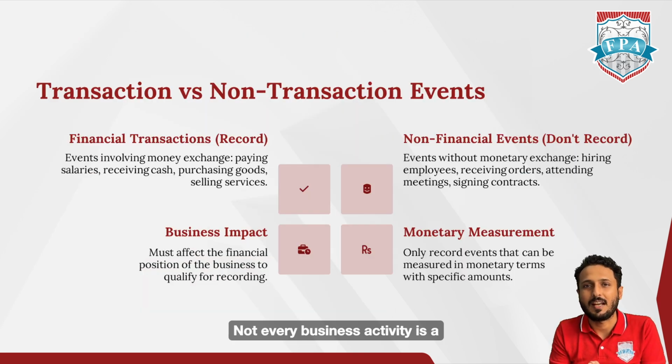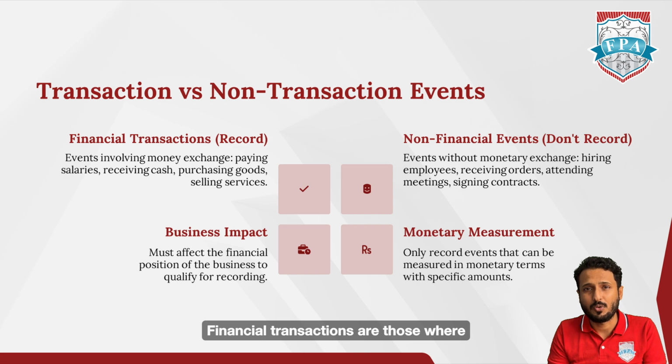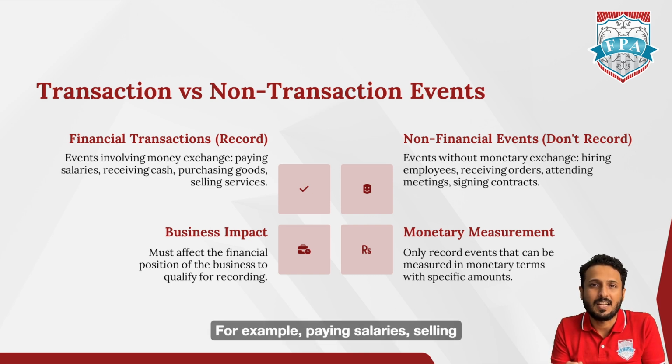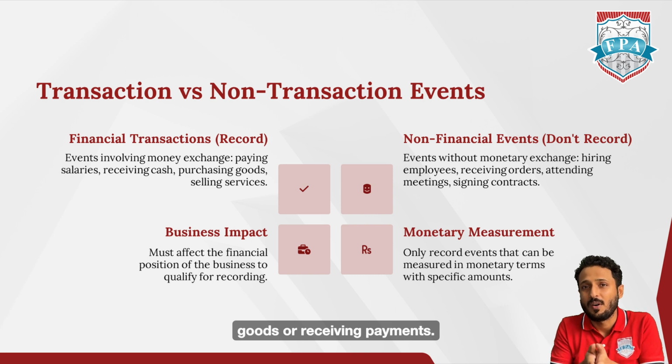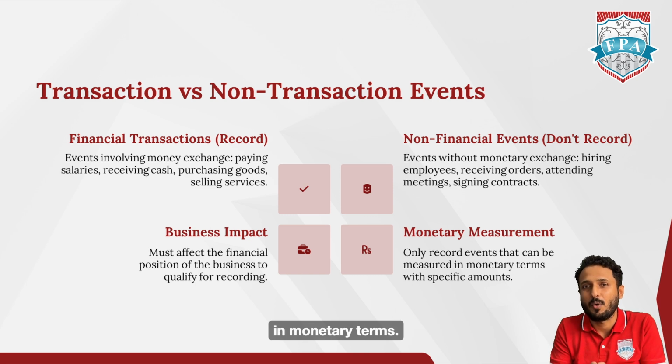Not every business activity is a financial transaction. Some events impact the company financially while others don't. Financial transactions are those where money or its equivalent changes hands. For example, paying salaries, selling goods, or receiving payments. These must be recorded because they have a direct business impact and can be measured in monetary terms.